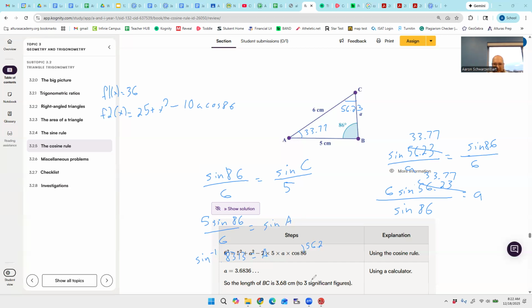Yes, I did. I get 33.77. The question is, what do I get when I graph? Is there some radian? No, better not be. They gave it in degrees.